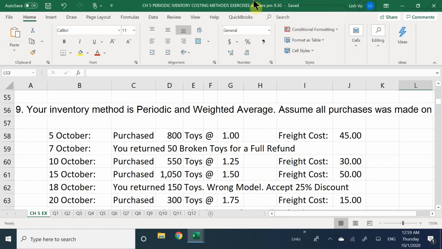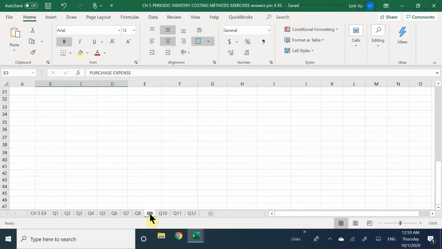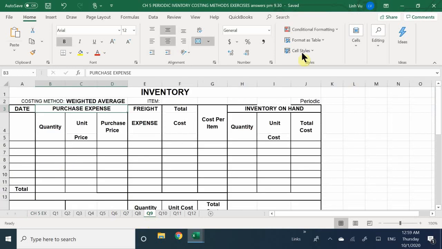It says here that on October 5th, we purchased 800 toys at $1 each, and freight cost me $45. So we're going to go ahead and find question number 9 and fill out our table.